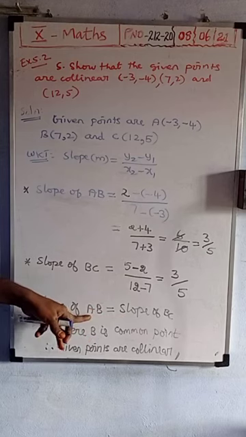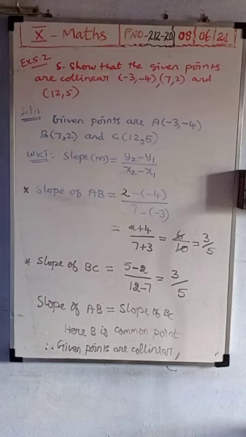Even then, since the slopes came equal, the given points are collinear. If the area of the triangle comes to 0, it is also collinear. Here we are not using that formula; we are using the concept of slope. If both slopes are equal, it is called collinear.